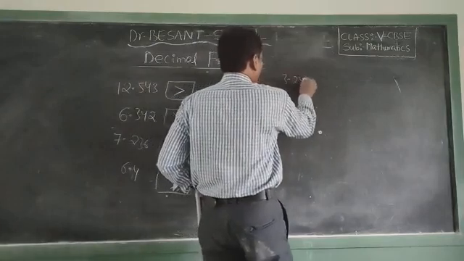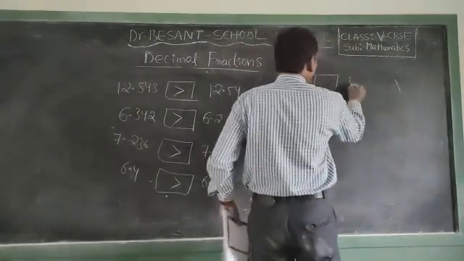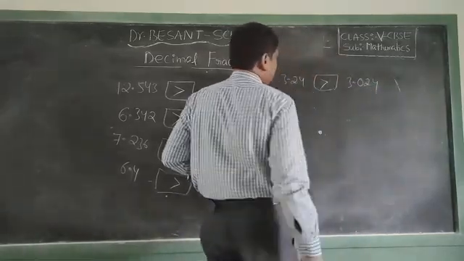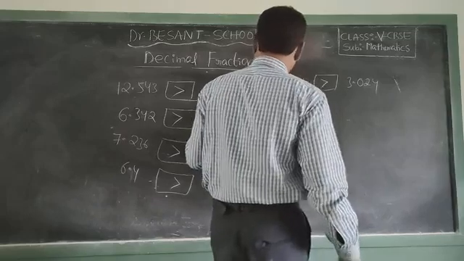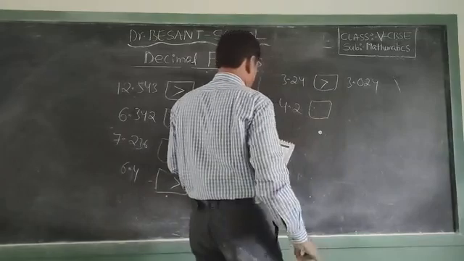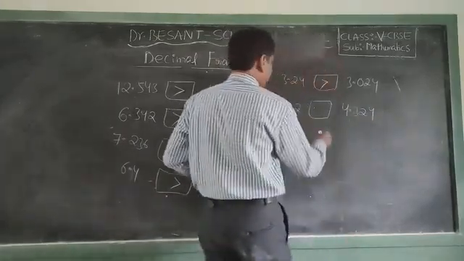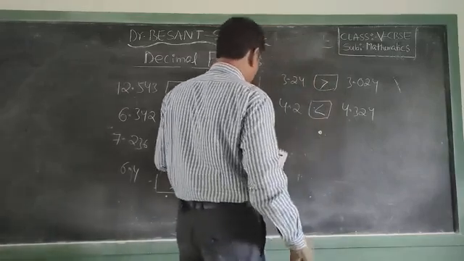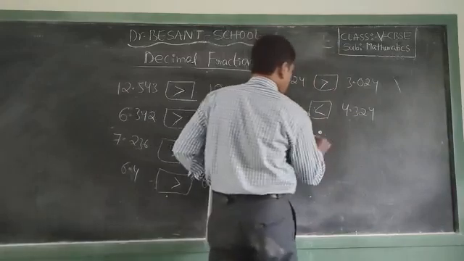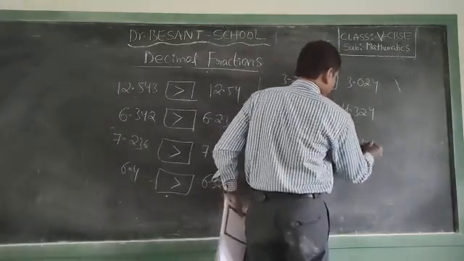Next, 3.24 and 3.024. So 3.24 is greater than 3.024. Next 4.2 and 4.324. So it is less than. 8.05 and 8.45.